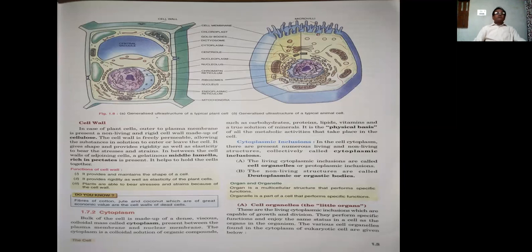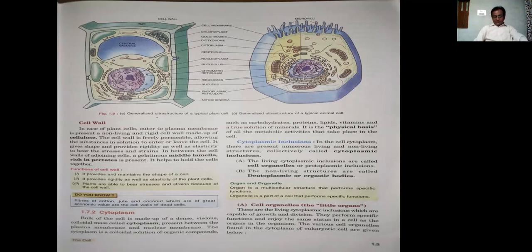Here in the plant cell, you know the chloroplast. The chloroplast is a type of plastid in which the chlorophylls project, and it plays a very important role in the process of photosynthesis. It is found only in the plant cell.